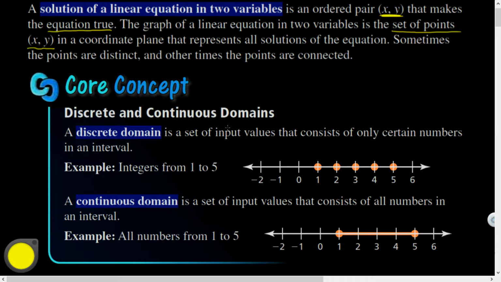A discrete or disconnected domain is a set of input values that consists of only certain numbers in an interval. So integers from 1 to 5, notice I said integers, so that does not include fractions or decimals, would be the numbers 1, 2, 3, 4, 5.